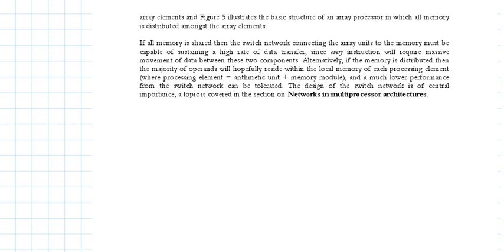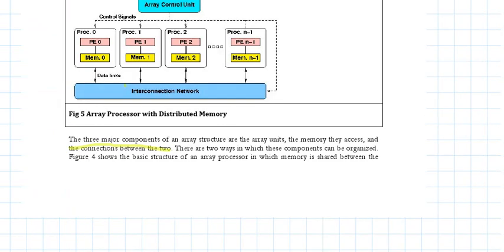Why? Because in this case, different processing elements will access all the memory segments in an equal way. In that case, at a certain point of time, it might occur that processing element 0 is accessing memory 0.